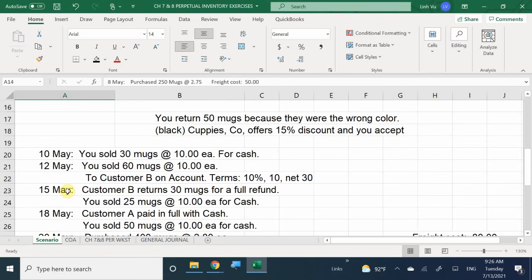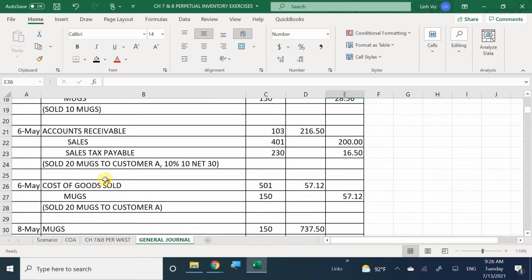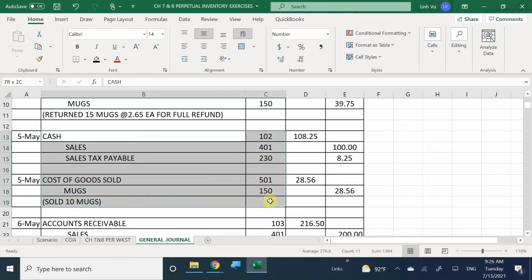Good. So what should my journal look like if I sold for cash? You're going to debit cash and credit mugs. Make sure you keep them separate. Yes, you're going to debit cash, but focus on just what happened at hand, which is that I sold something. And then you're going to do your cost of goods sold. So yes, all of those are included.